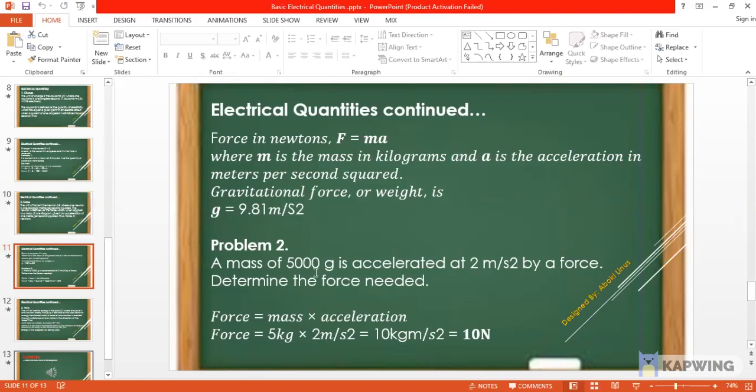The mass is in grams, so we have to change it to kilograms. So 5 kg times 2 meters per second squared gives you 10 kilograms meter per second squared, and that is equivalent to 10 newtons.